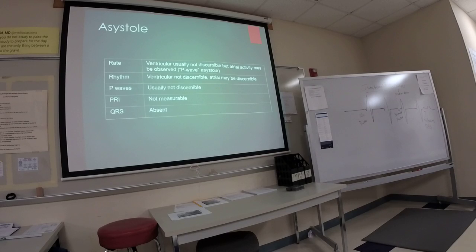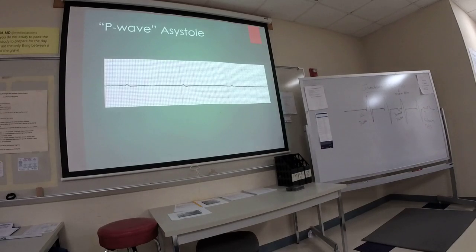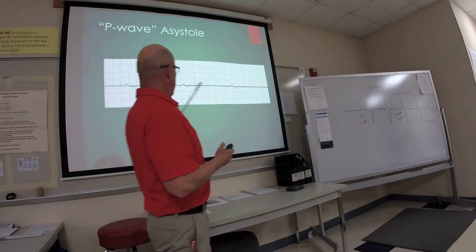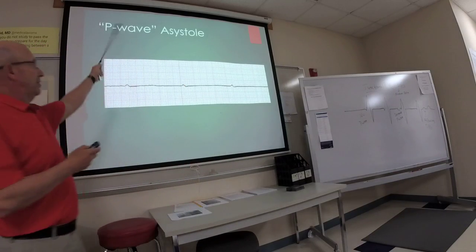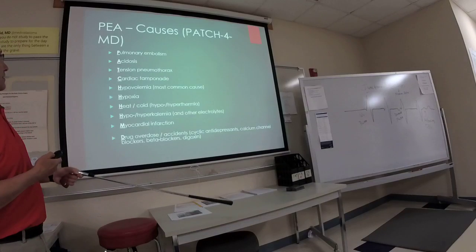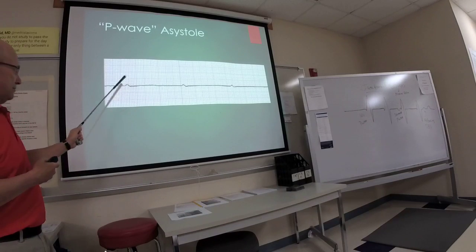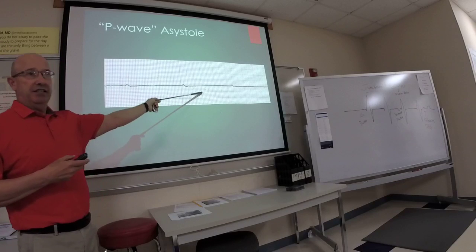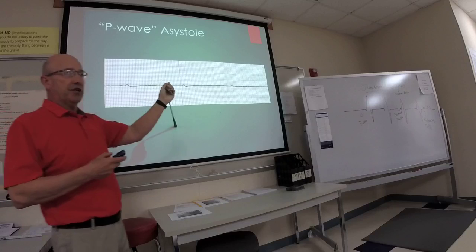So we're good with VFib. We should be good with asystole, right? Flatline, no ventricular response. There's some P wave responses here, but they call it P wave asystole. But asystole is flat. It's not a shockable rhythm.